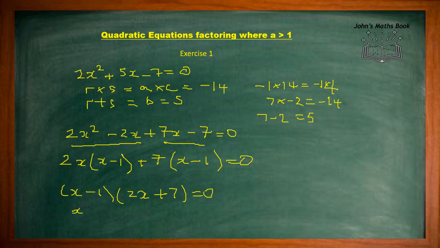We can write them as x minus 1 equals 0 and 2x plus 7 equals 0. So the solutions, or the roots of our equation, are x equals 1 and x equals minus 7 divided by 2, which is minus 3.5.